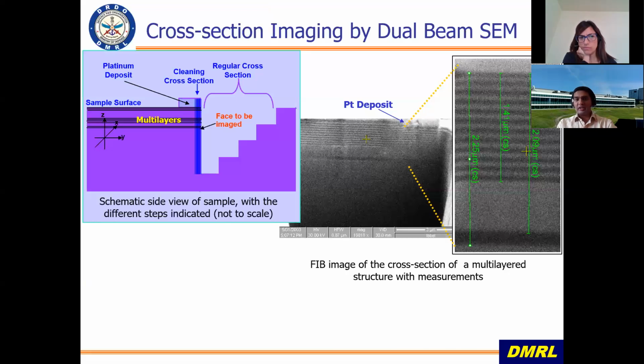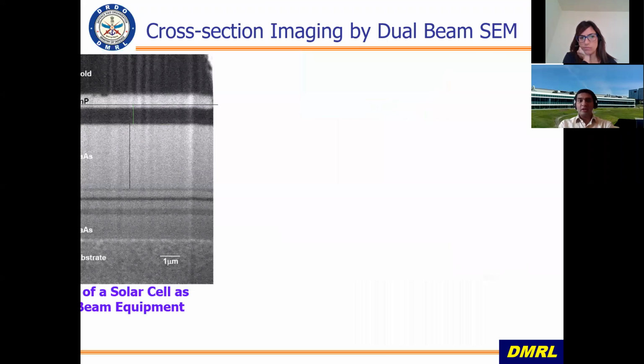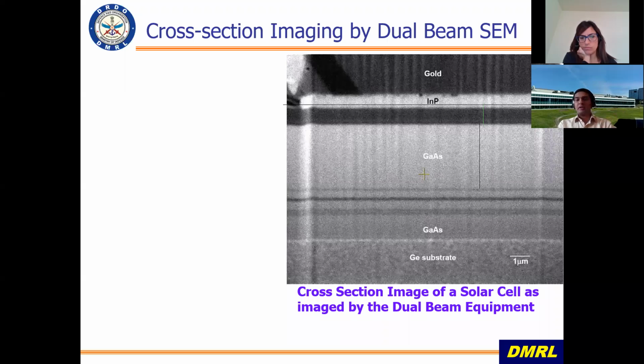This is just one example highlighting that we can observe the different multilayers together. This is another example where we are trying to look at a cross section of a solar cell. So we can see all the different layers, and in combination with the EDS, or energy dispersive spectroscopy technique within the machine, we can identify the different layers which are present.